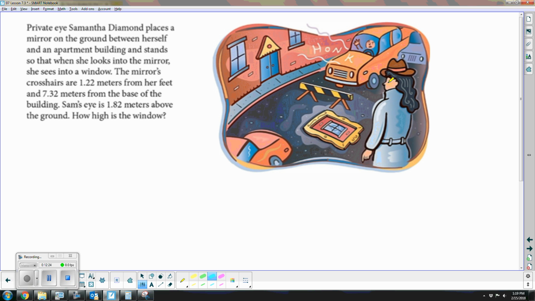She's going to stand so she can look at the mirror, and she is 1.22 meters away from the mirror. Also, the mirror is 7.32 meters from the building.